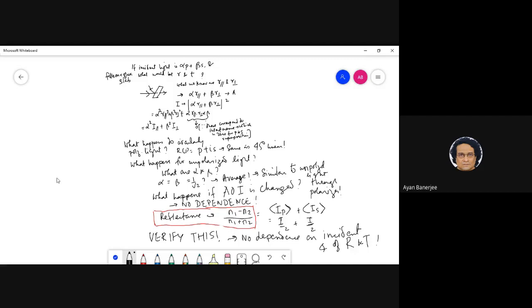So what I'm trying to say is, suppose I have my surface like this. This is my normal, and this is also my incident ray, and this is my reflected ray. And now I turn this surface like that, so that this is my normal, and this is now my incident ray.